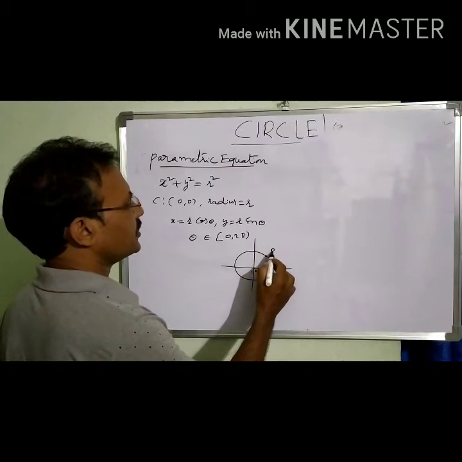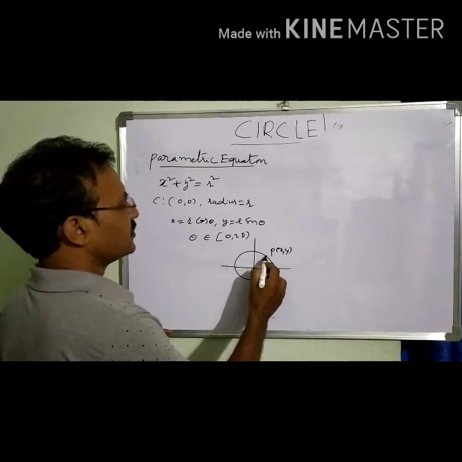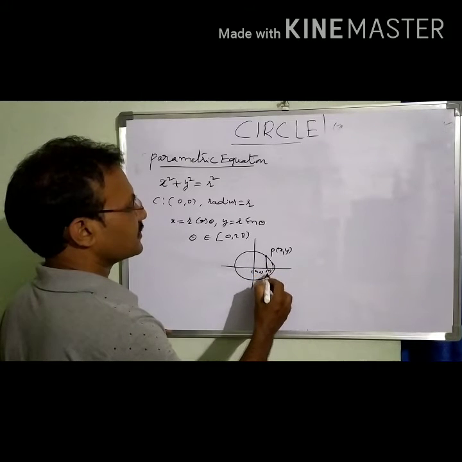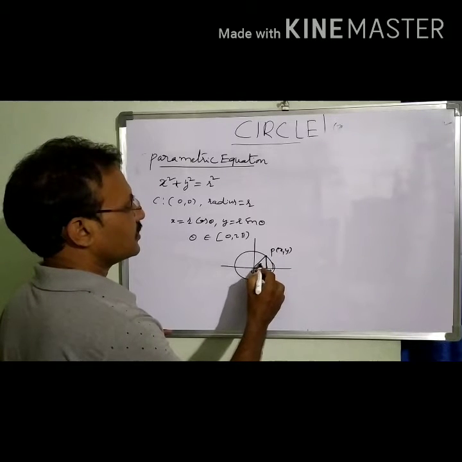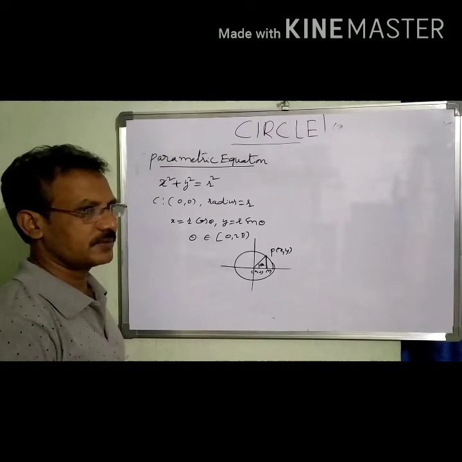Suppose P(x, y) is a variable point. From P draw a perpendicular to the x axis, and theta is the parameter.